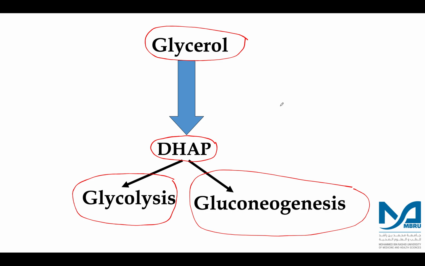The answer is yes, you need to remember these two steps because these two steps are often asked with regards to various inhibitor activity, and especially they are very important when you look at integration of metabolism. And of course, I believe Prof. Riyad will discuss this in detail when he talks about integration of metabolism towards the end of the course.